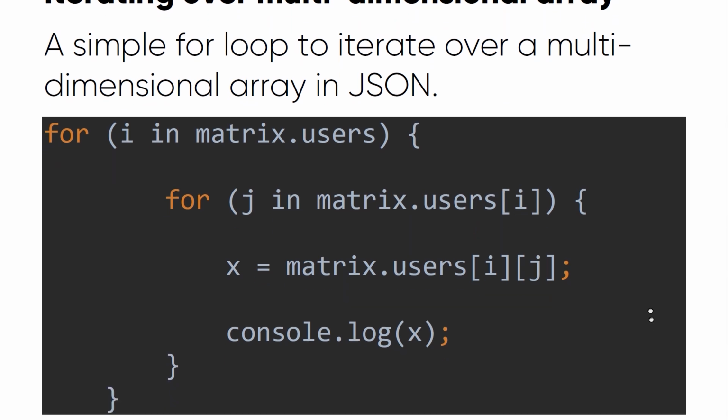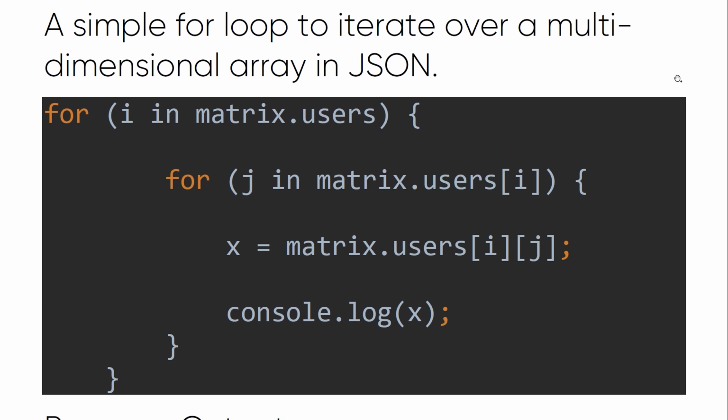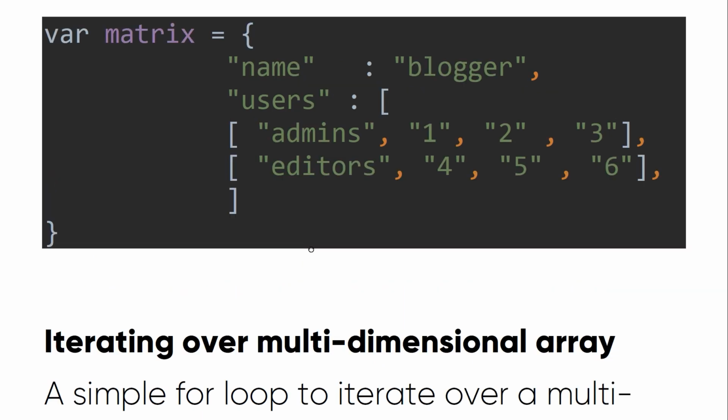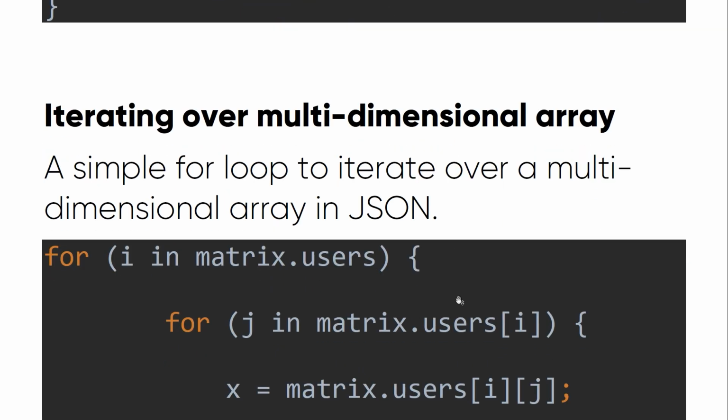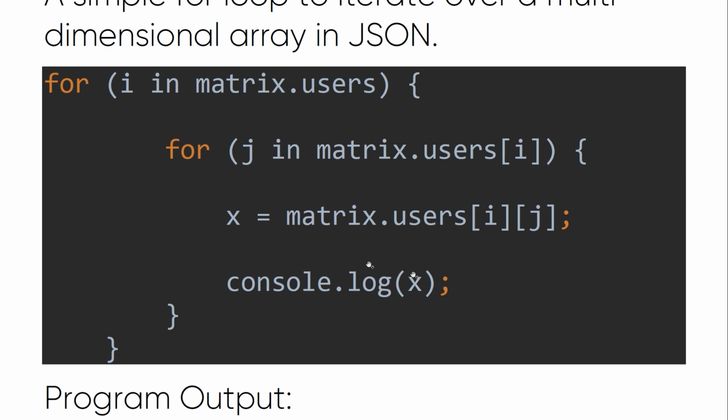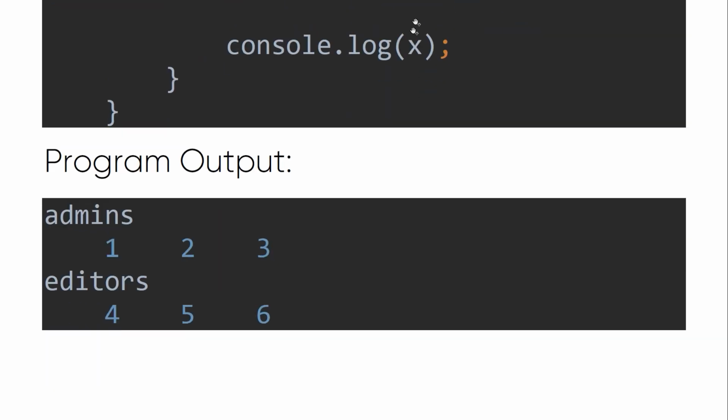A simple for loop to iterate over a multi-dimensional array in JSON would be for i in matrix.users. I named the variable matrix here, and I'm looping through the users at index i and index j, the row and column. The row is the first loop, and the column is the second loop, and then printing out the program output.